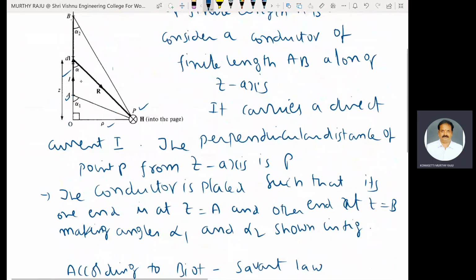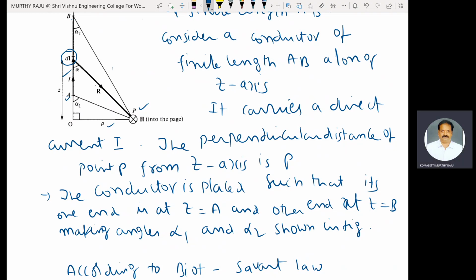This one is the distance. dl is the current element. Choose between these two points A and B. The current element makes an angle alpha with this point P, as shown in the figure. The ends of the conductor make angles alpha 1 and alpha 2.